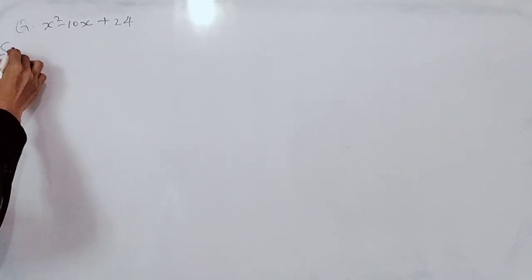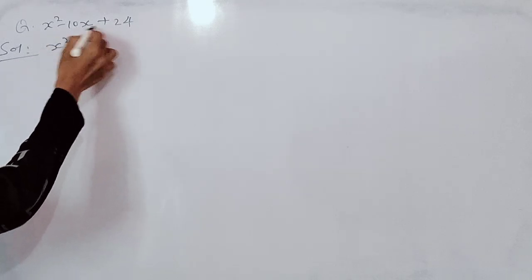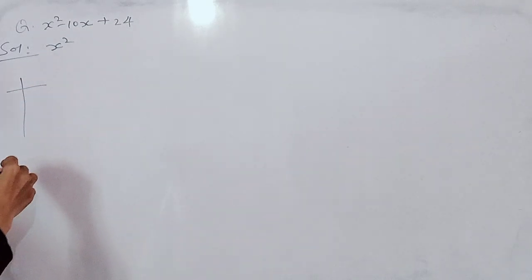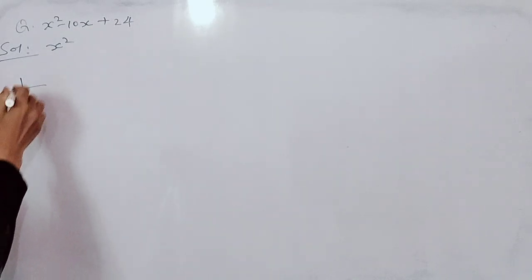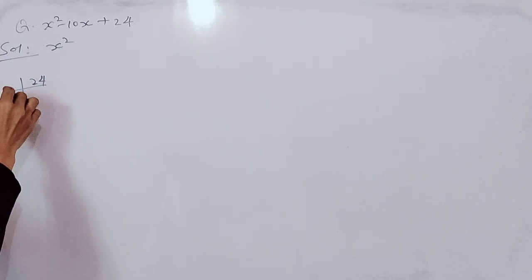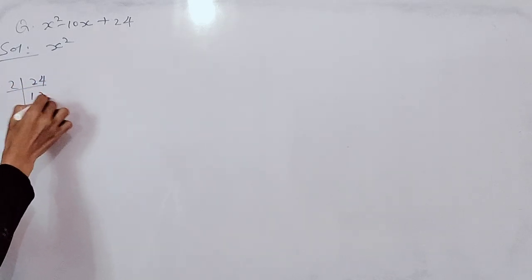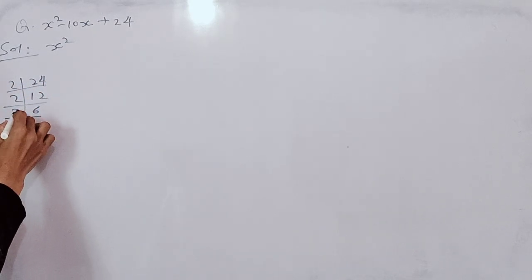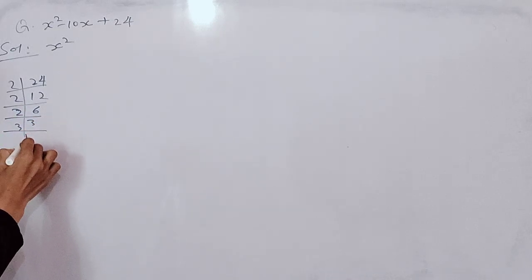Same here, x square minus 14x plus 24. The factors of 24 would be 2 12, 2 6, 2 3, 3 1.